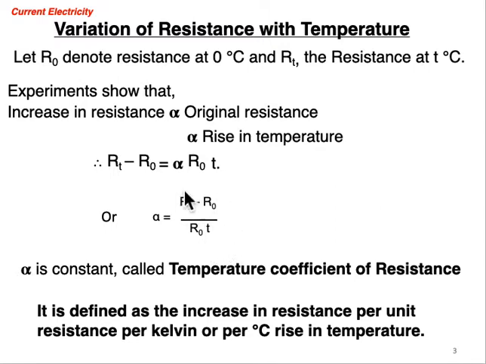Increase in resistance per unit resistance per degree Celsius or per Kelvin rise in temperature. It is defined as the increase in resistance per unit resistance per Kelvin or per degree Celsius rise in temperature of the conductor.